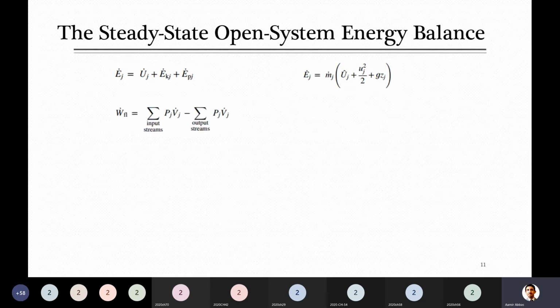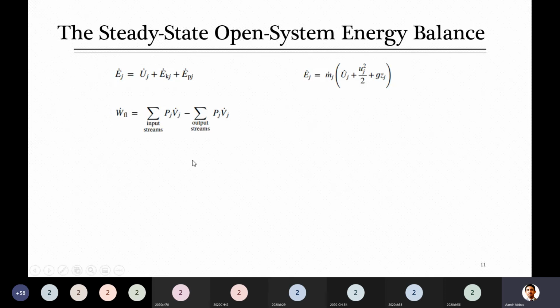Okay, the other thing here is the work. And work, as I told you, will consist of two parts. One is shaft work and the other is flow work. So flow work, can we calculate that? You just discussed that flow work can be calculated as PV in minus PV out. You just discussed in the last slide.